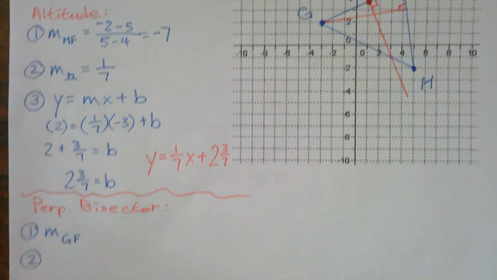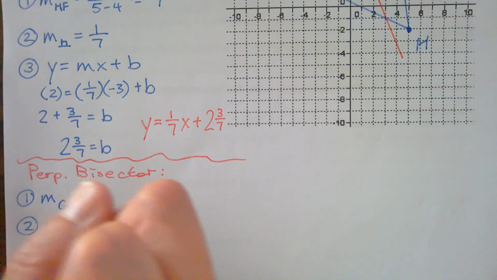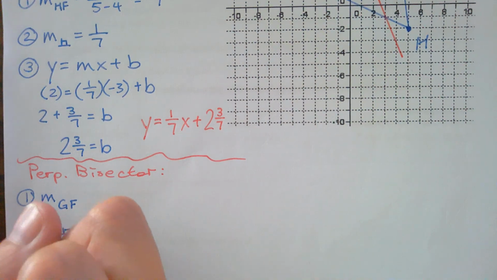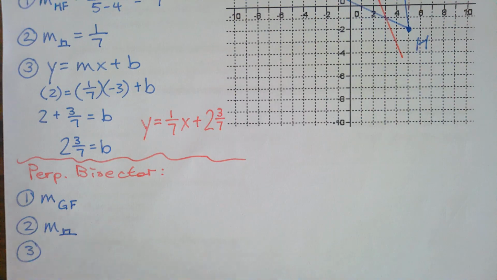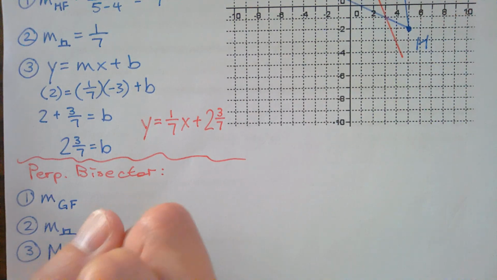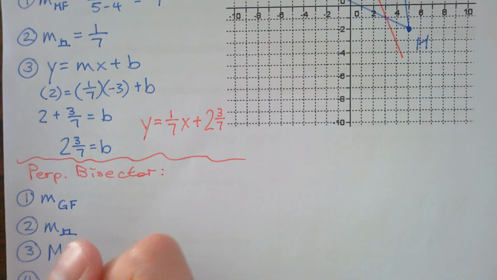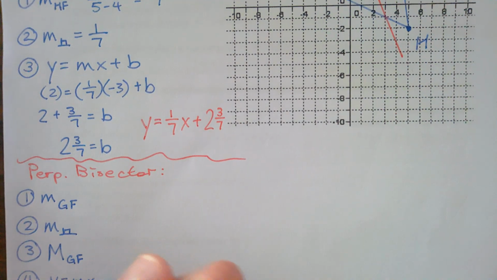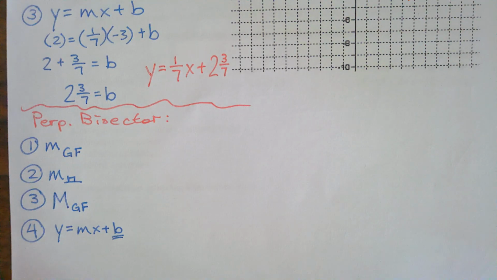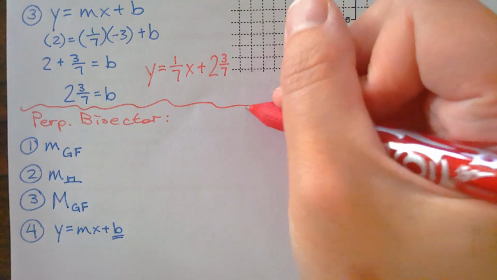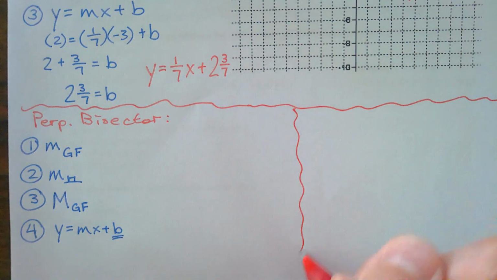Second step is find the perpendicular slope. And then third step is to find the midpoint of GF. And then fourth step is to sub it all into y equals mx plus b to find b. Okay, write this down. I want you guys to try this tonight. And then we're going to take it up.